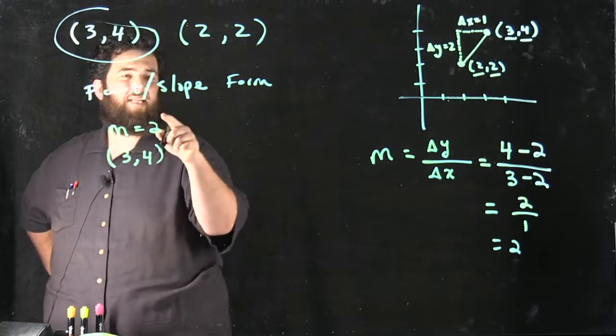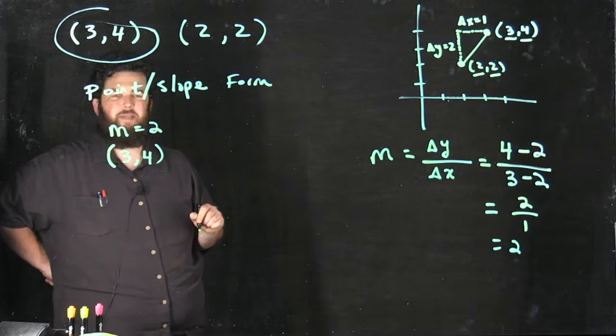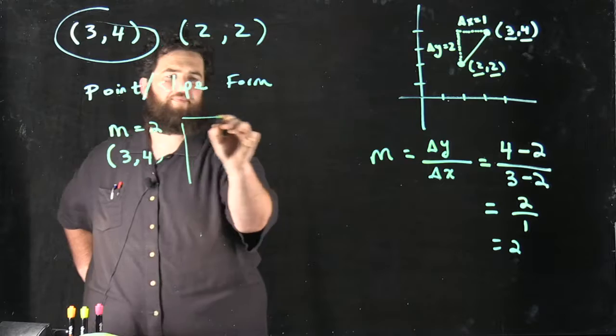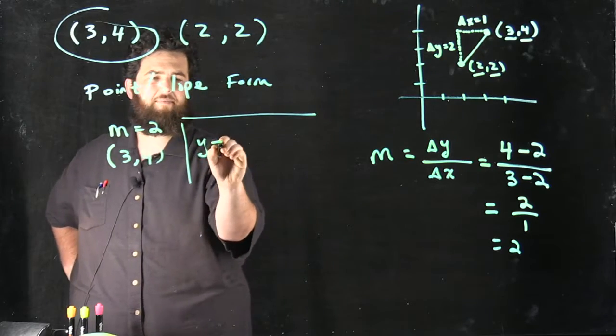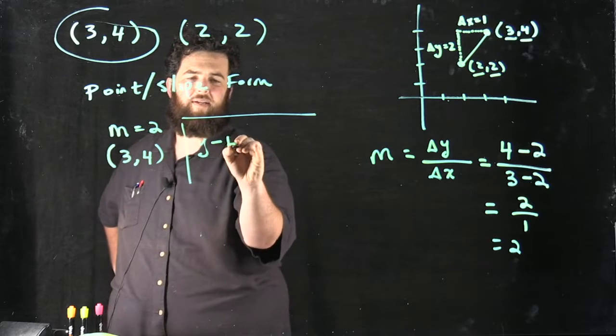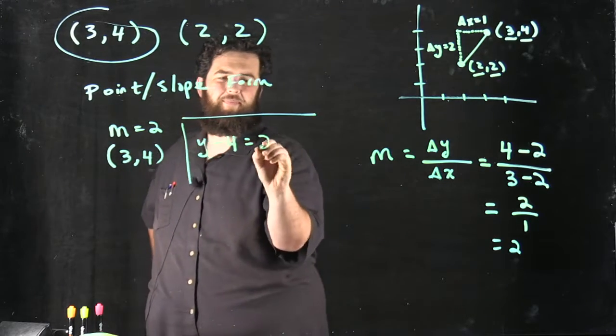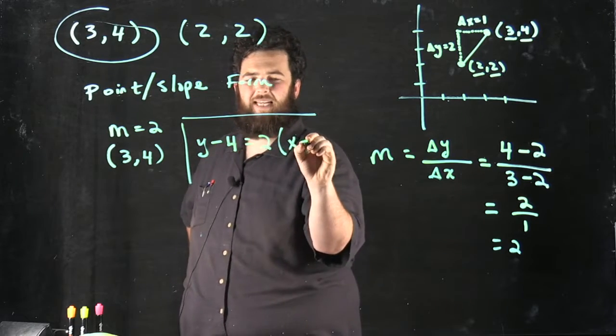Now, using point-slope form of the equation of this line, I'm going to be able to build the equation. y minus the y-coordinate of the point we decided equals m, the slope, times x minus the x-coordinate.